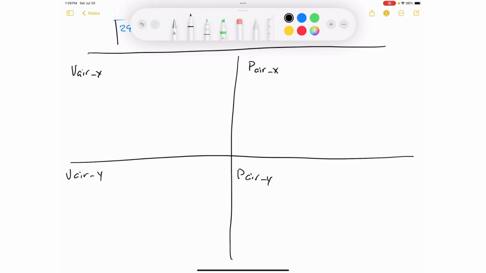So up here at the top, its velocity. Let's go ahead and draw my axes like that.